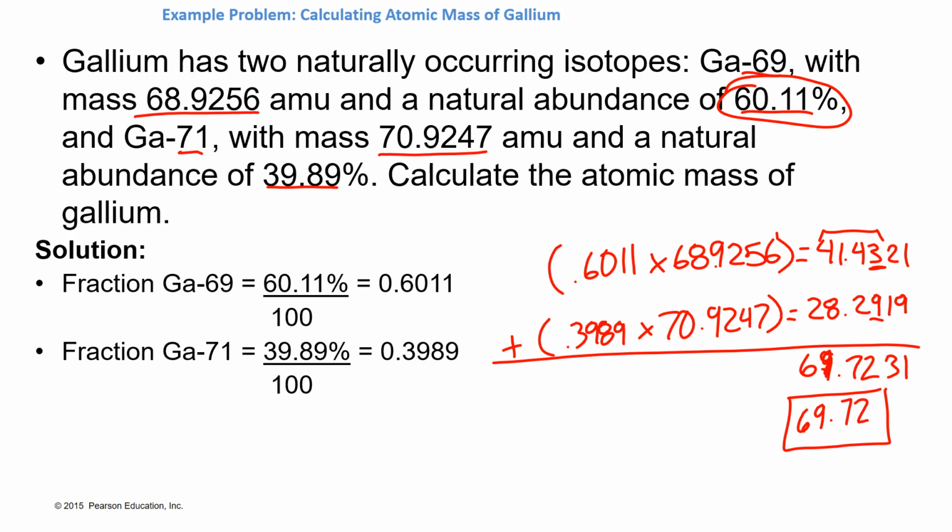All right. So, do you see how we got to that answer? All right. Like I said, this is not complicated. You're going to do this as many times as isotopes they give you.